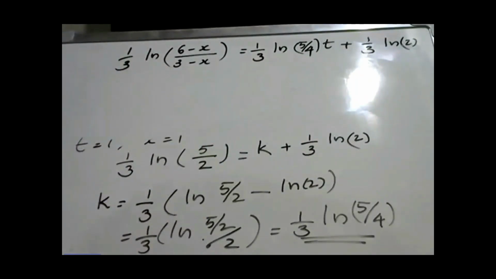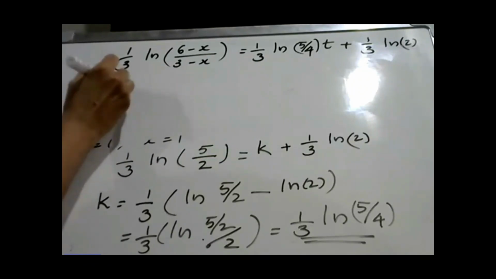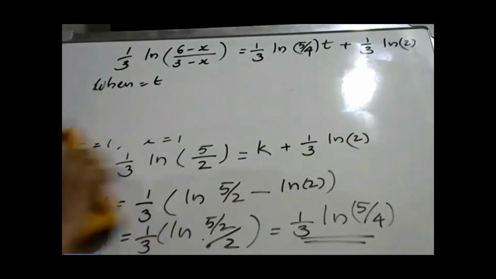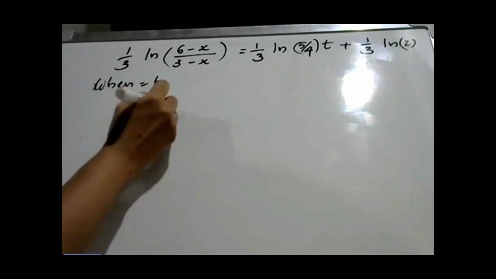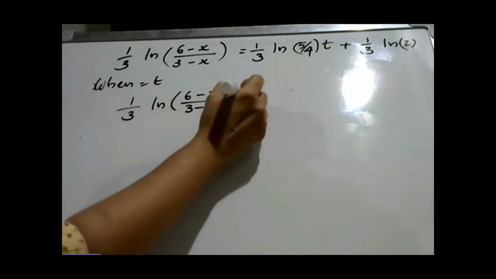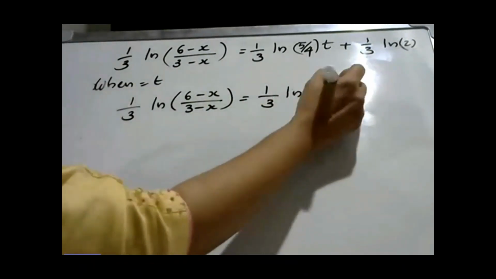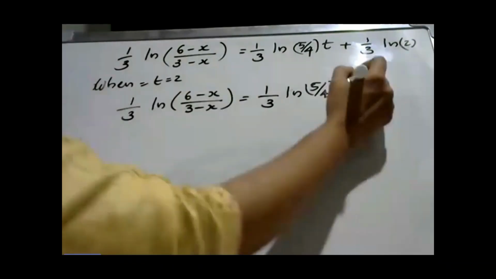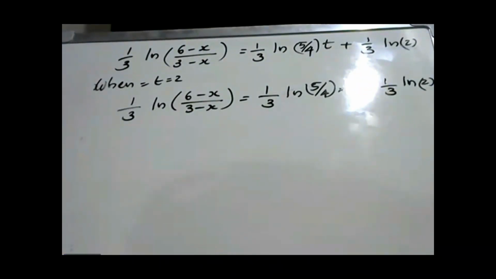In the final part of the question, we are asked to find the value of x when t is equal to 2. You just substitute for t, and we will calculate the value of x from this. So this is now 1 over 3 ln of (6 minus x) over (3 minus x) is equal to 1 over 3 ln 5 over 4 times t, which is 2, plus 1 over 3 ln of 2.